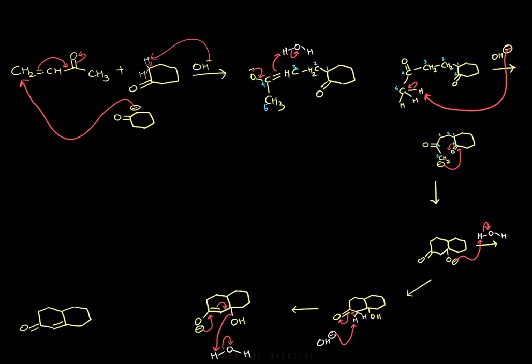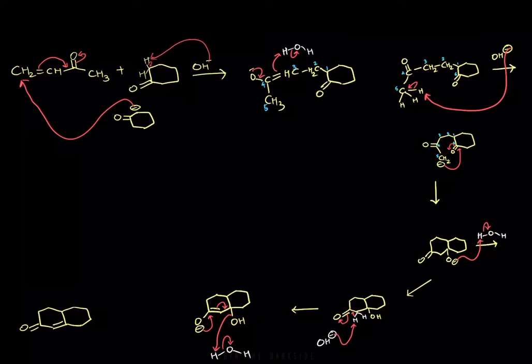Here is the entire mechanism for this reaction. It's not present in your book, but I definitely want you to try this on your own with another example. When you look at it all at once, it might look complicated, but if you break it into different sections, it's going to be very easy.